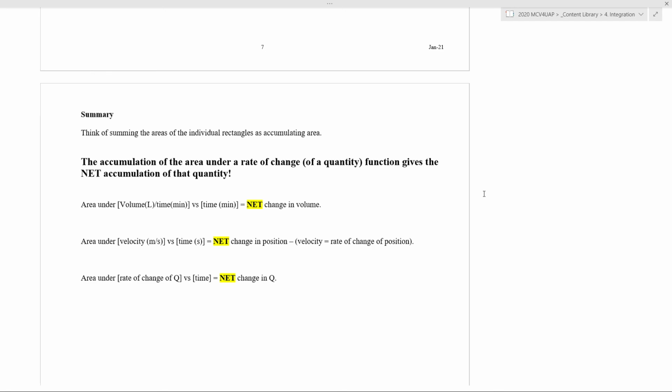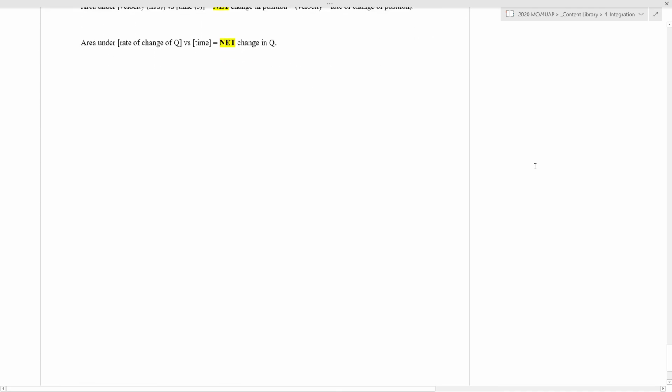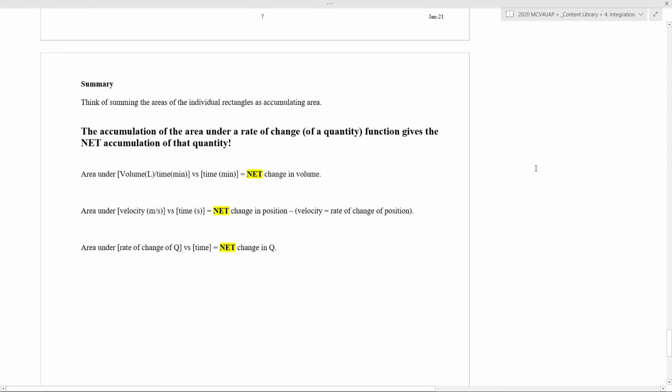If you have the area under the rate of change of some quantity Q versus time, that will give you the net change in that quantity Q. So the area under a derivative or rate of change graph tells us how much the quantity has changed. And that's it, folks. Any questions?